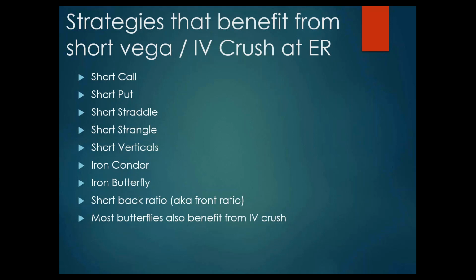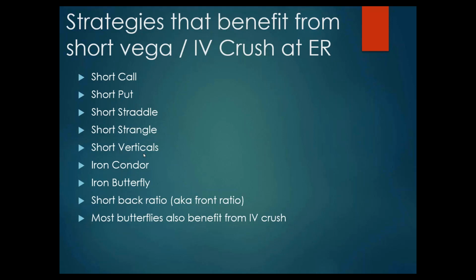Strategies that benefit from short vega, that's when IV crushes at ERs. These are strategies that you could put on right before an earnings event, and there are more. It's not just these, and there's always the varieties of putting these strategies on and hedging them, spreading them, etc. But short call, short put, short straddle, short strangle, short verticals, all of these benefit.